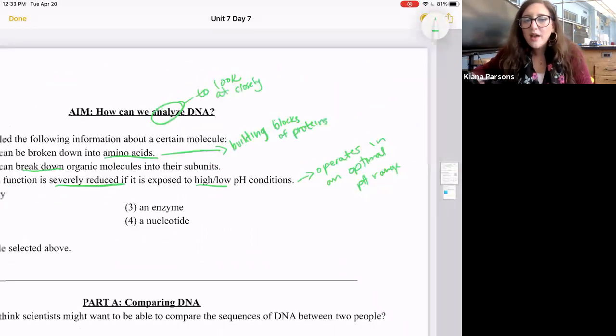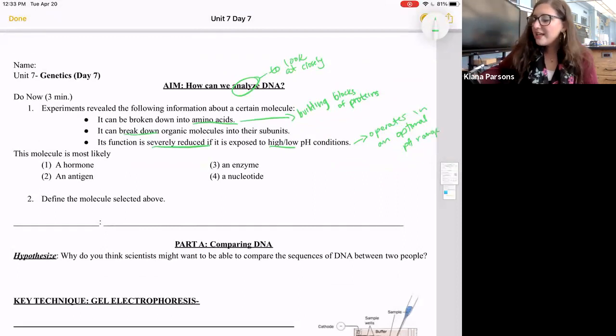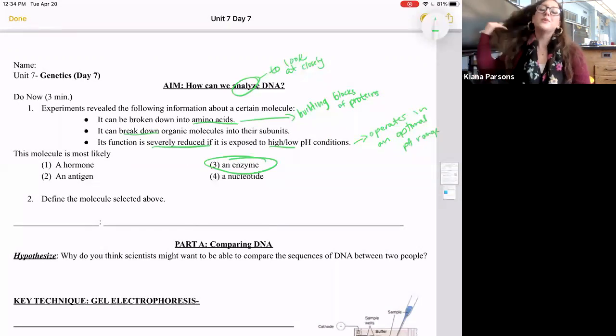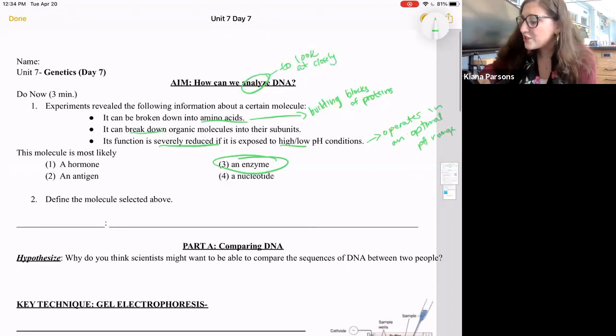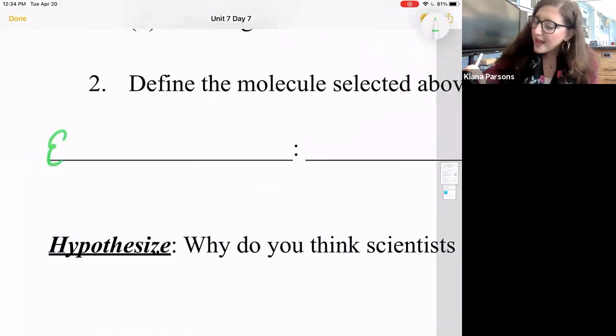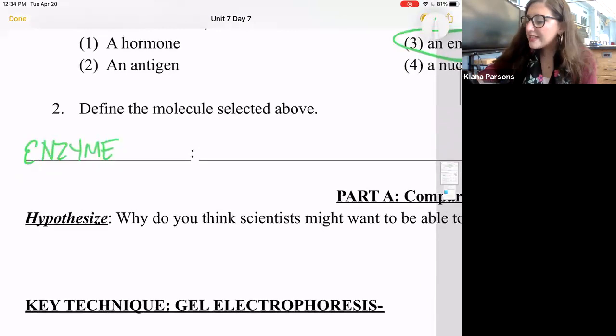Pause this video. Otherwise, this molecule is most likely an enzyme, right? Enzymes are proteins that can break down organic molecules into their subunits. Enzymes are involved in digestion. And this question then asks us to define enzyme. So you might have to think back to Unit 2, Unit 3. How do we define an enzyme?